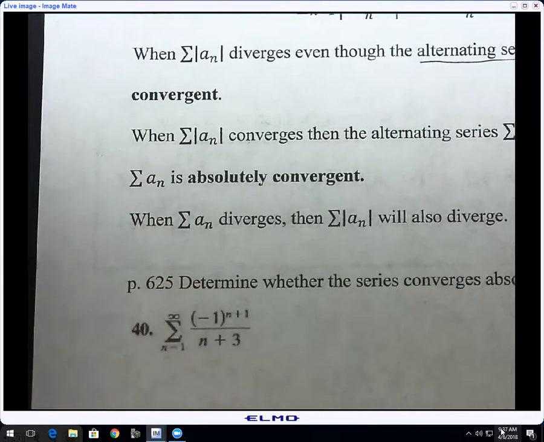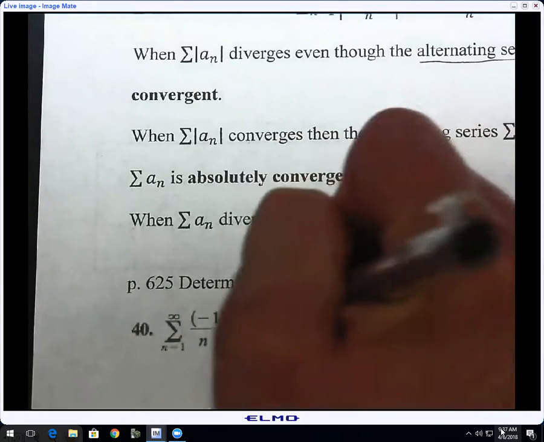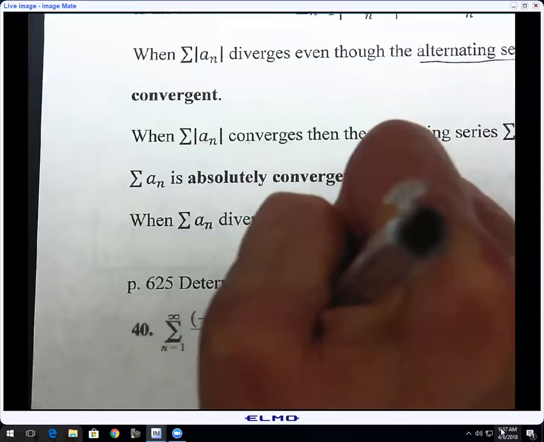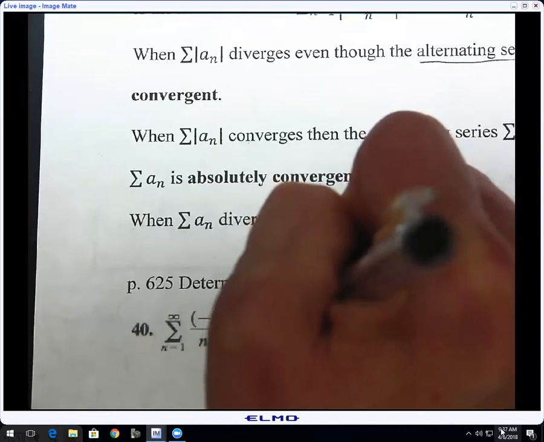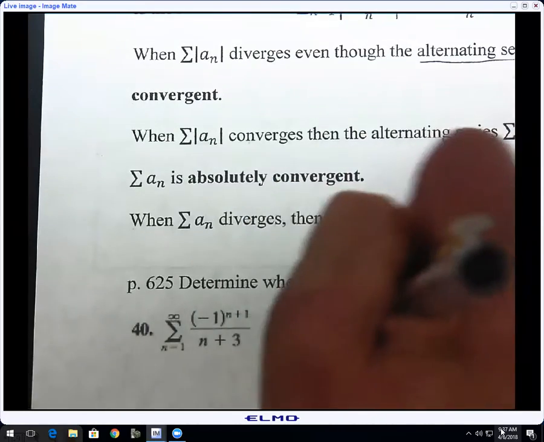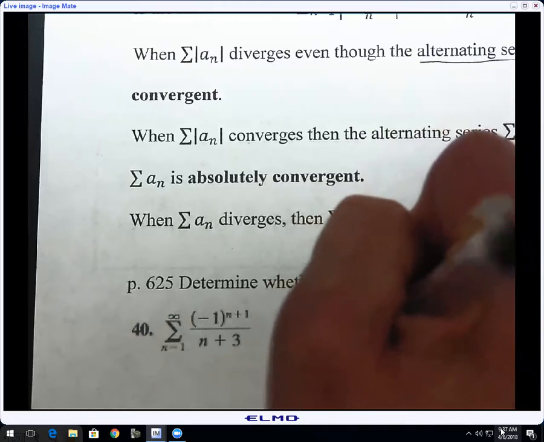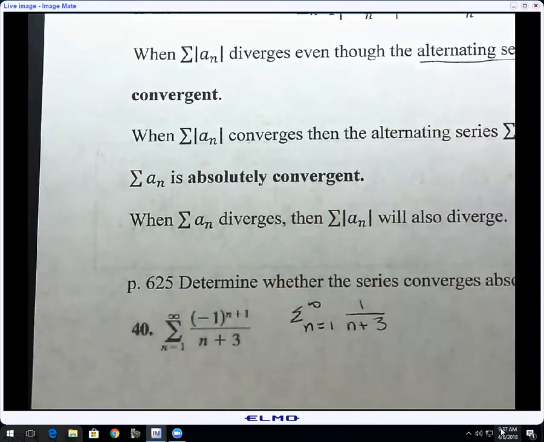I found what works best for me is to look at the absolute value function first. So I would look at the series n equals 1 to infinity of just 1 over n plus 3 and try to determine whether it converges.